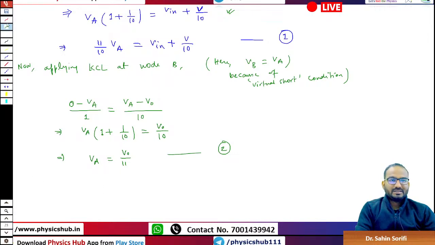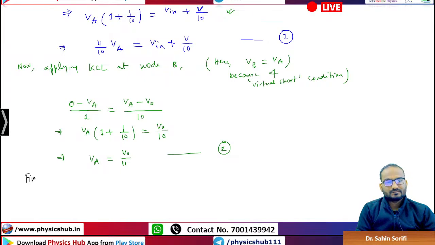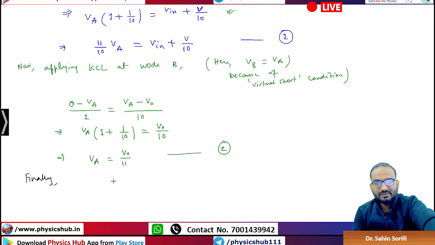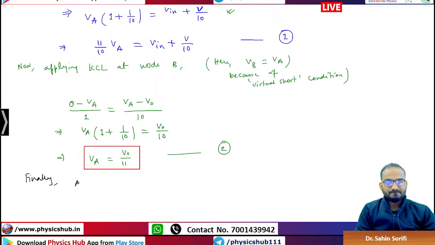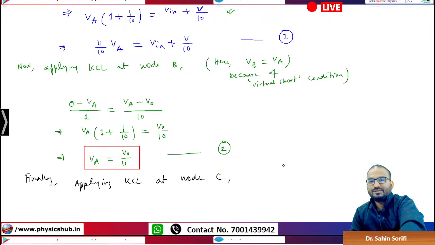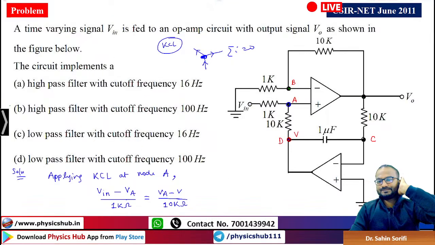Now finally let's apply the KCL at point C also. Whatever value you are getting, just save it. Finally, applying KCL at node C. What is the voltage at C?